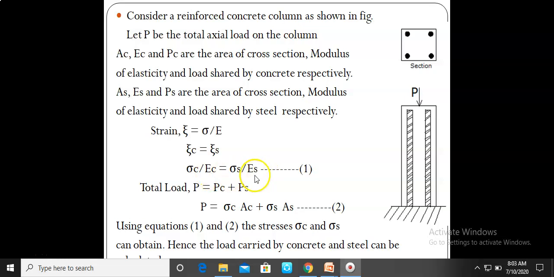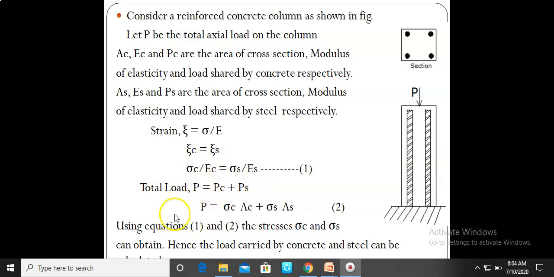So now we know ES and EC, that is Young's modulus of steel and Young's modulus of concrete. The data is given, from which we can find sigma S in terms of sigma C, or sigma C in terms of sigma S.